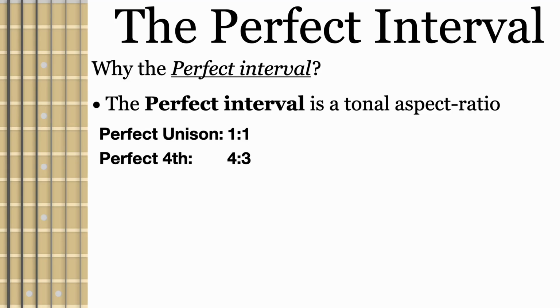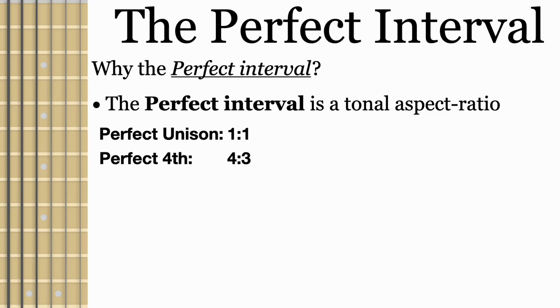Meaning, if we're on the 5th fret of the A string and we're holding it down and we hit it, it's going to vibrate, let's say, 4 times a minute. And when we release the string and we hit the open A string, it's going to vibrate 3 times a minute.